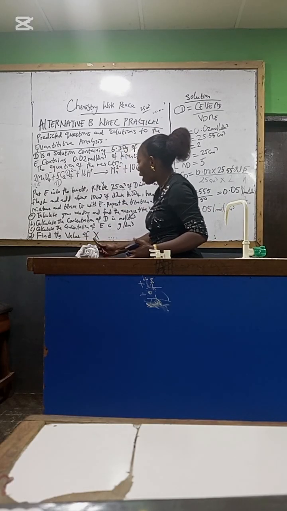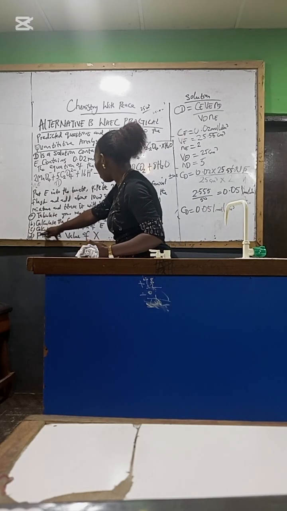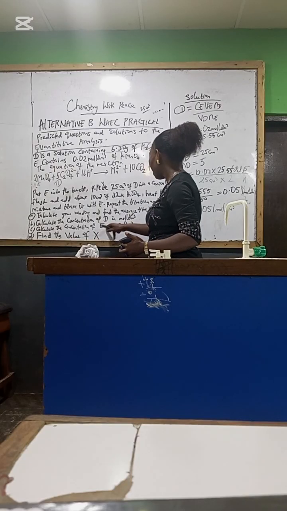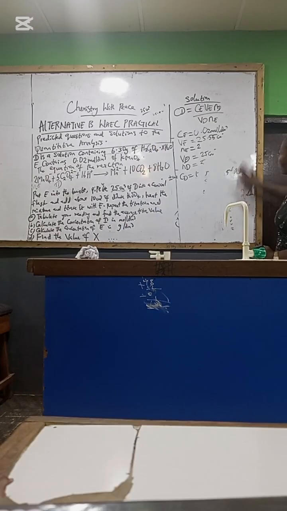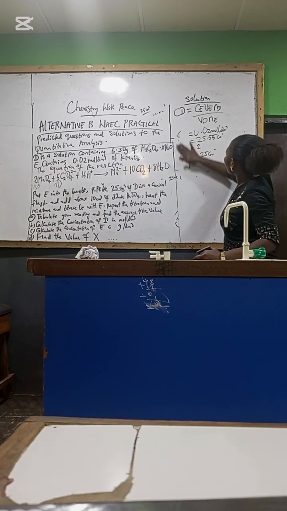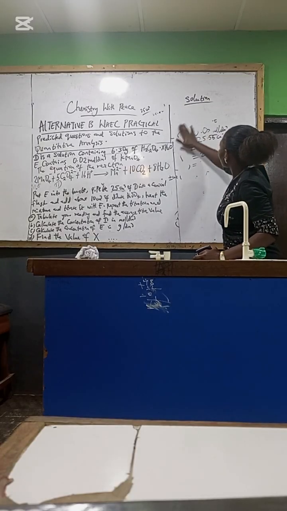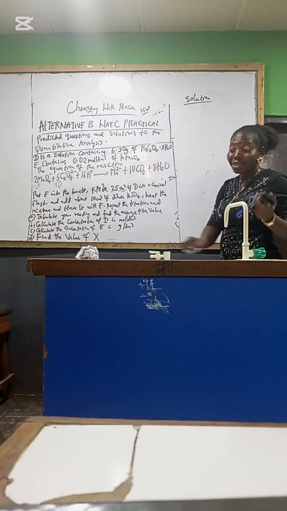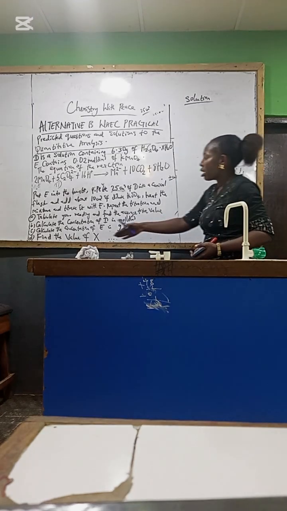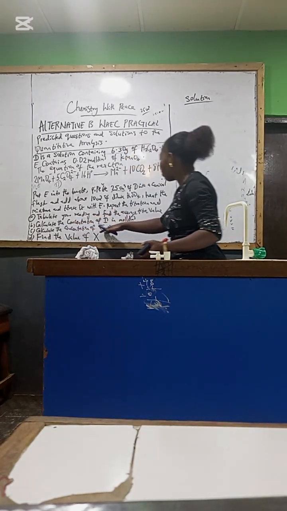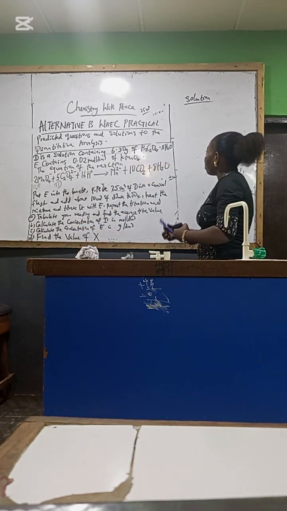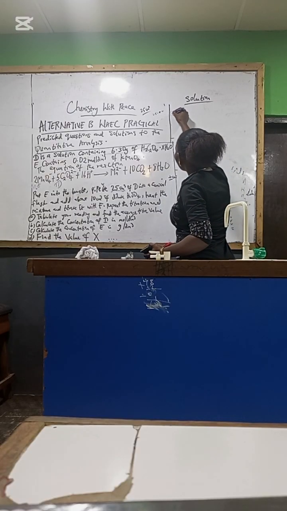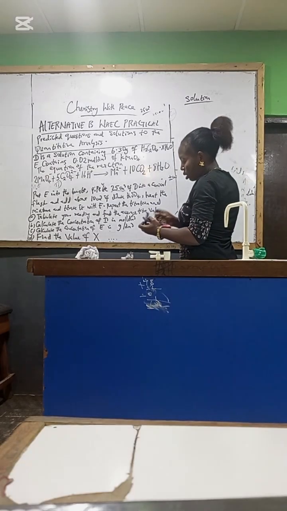Then the next question now says calculate the concentration of E in gram per dm cube. The second question says calculate the concentration of E in gram per dm cube.